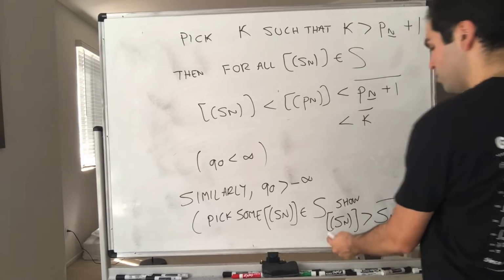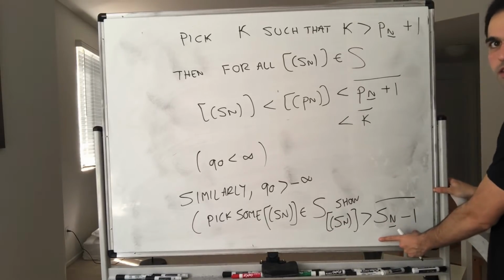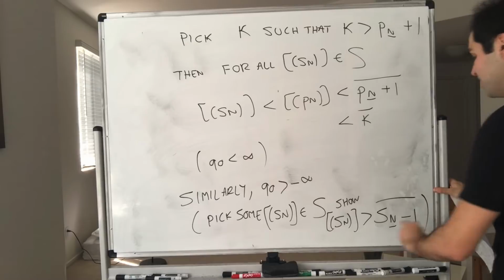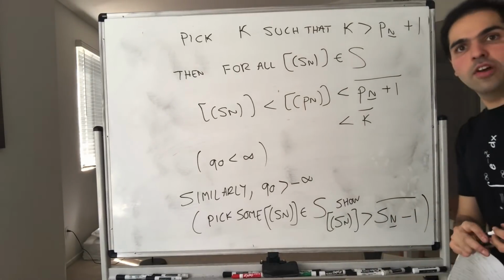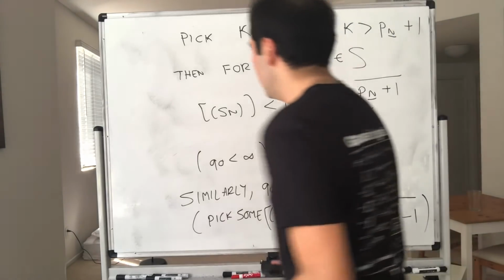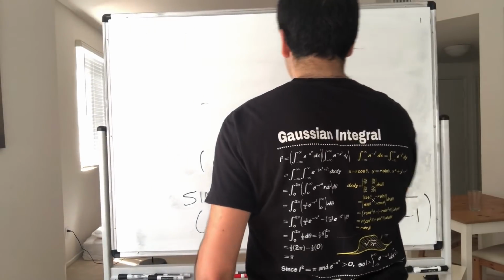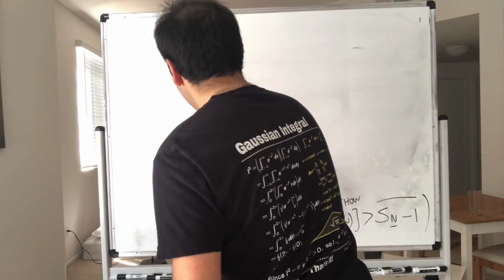And since Q naught has to be bigger than Sn, it's bigger than this constant sequence S capital N minus 1, which is bigger than some integer. You see, this fixed value is bigger than some integer, and therefore, essentially, Q naught exists, because you just have a finite number of values to compare to.